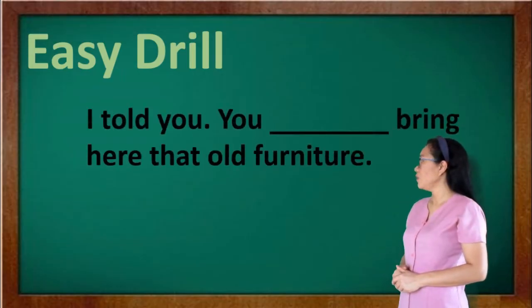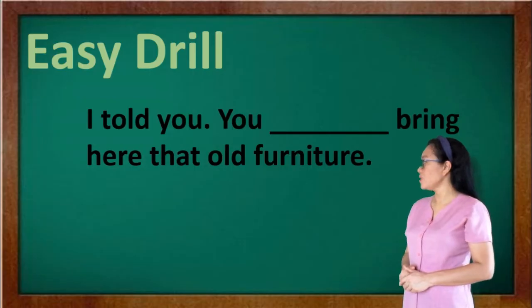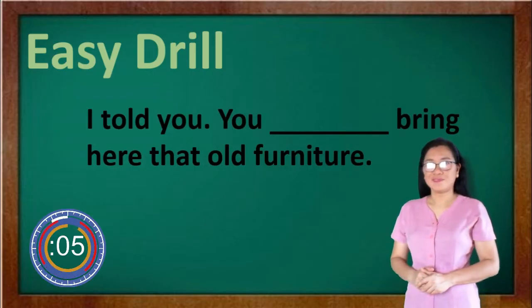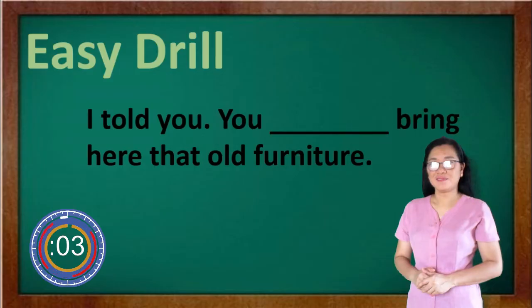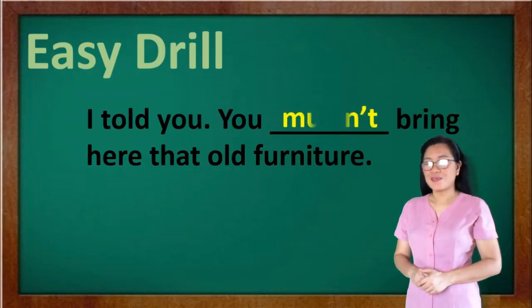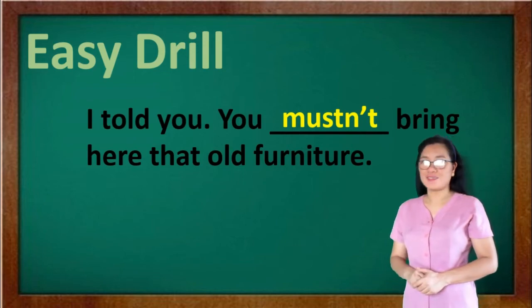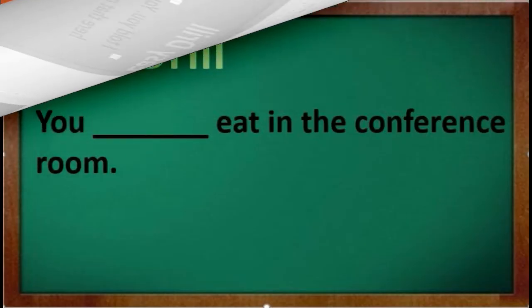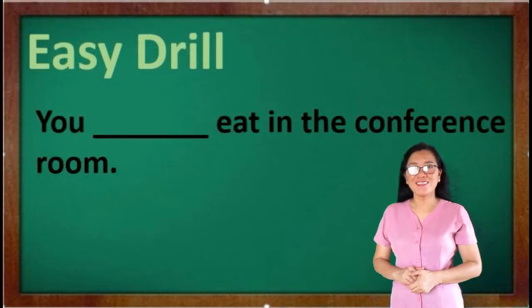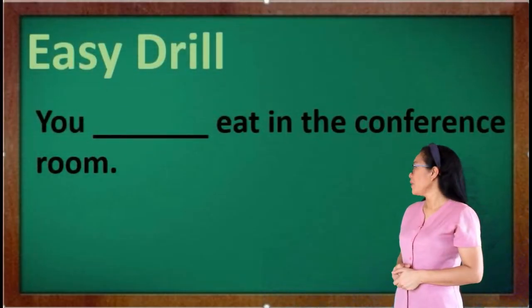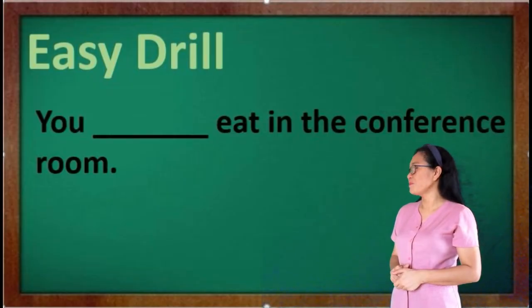I told you, you blank bring that old furniture. The answer is mustn't. I told you, you mustn't bring here that old furniture. Let's have the last sentence. You blank eat in the conference room.